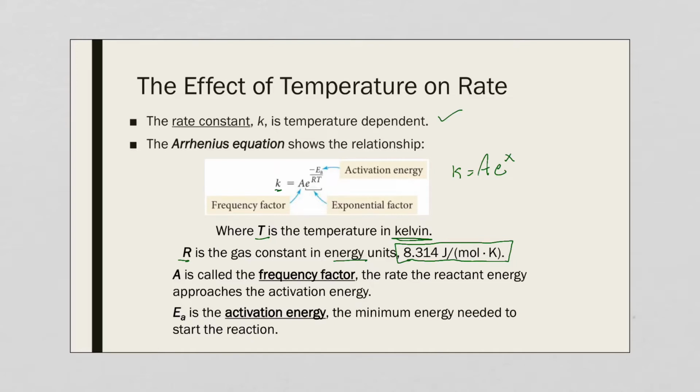This is the energy barrier for the reaction to occur. So it's the minimum energy needed to start the reaction. Every reaction has an activation energy, an energy that's necessary in order for the reactants to react, to become products. So as we go through this section, we're going to look at these different factors and concepts in more detail.